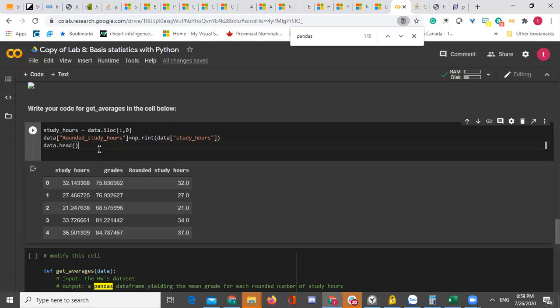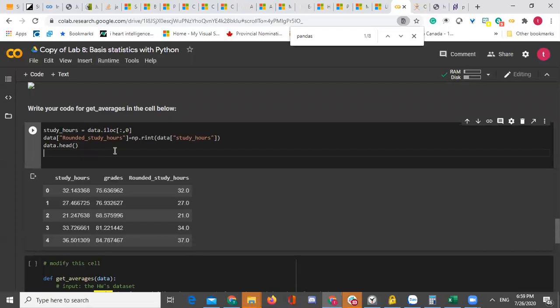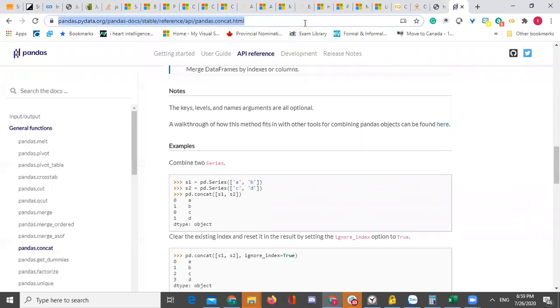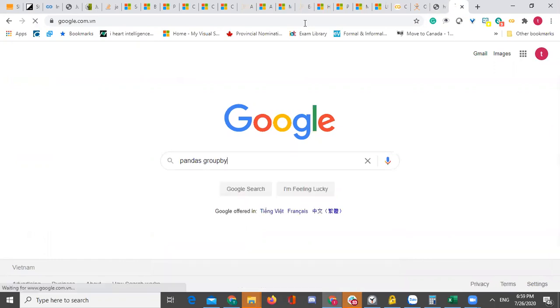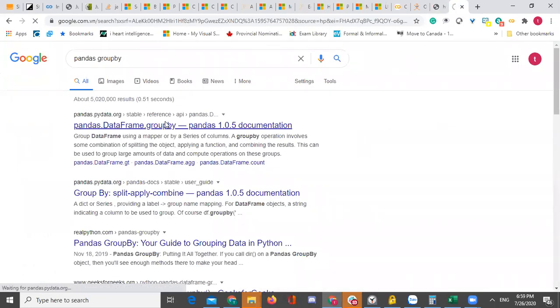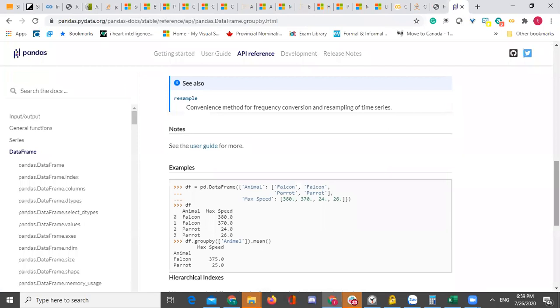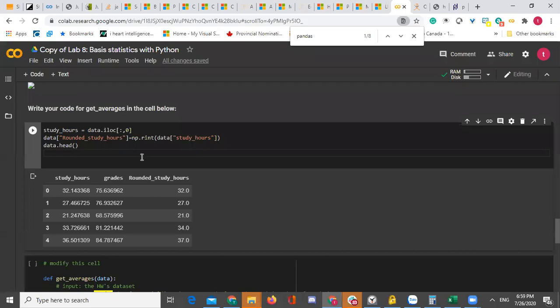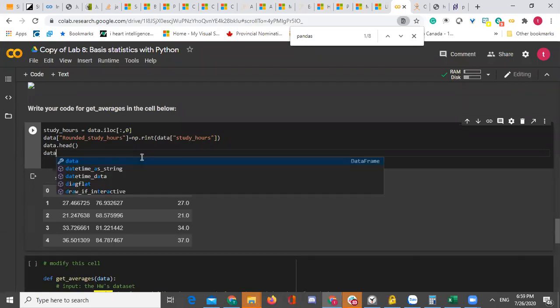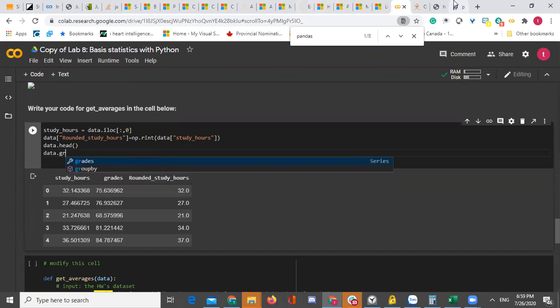First, you need to do the group by. Group by the rounded hours first. So let me see how you group by here. You could do it in a different cell, a cell below this one.